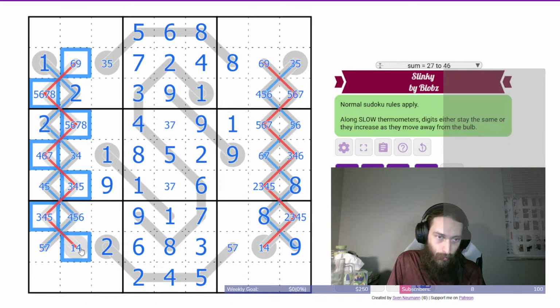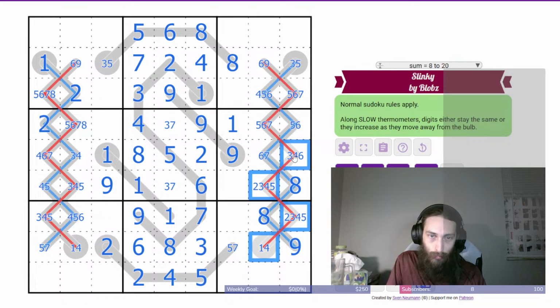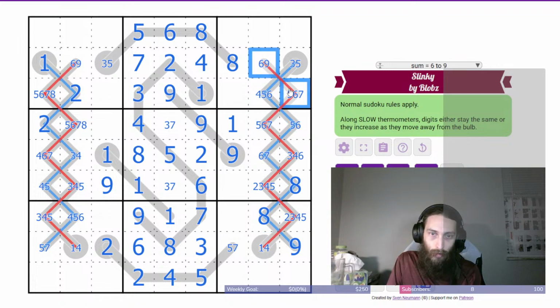Can stay a 5, 4. And then 7, 6, 5, 4, 3, 4, can stay a 4, 5. And 1, 2, 2, 3, 5, 5, 6, 9, 7, 7, 6, 5, 5, 4.